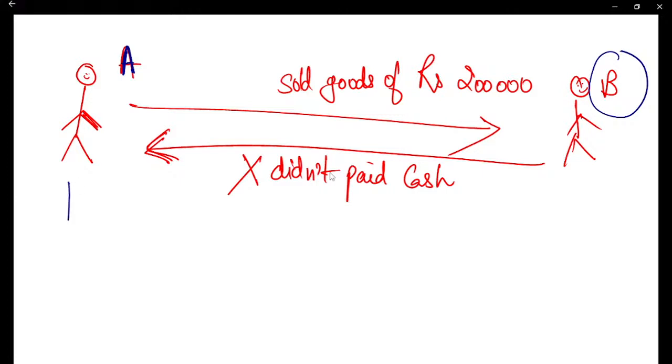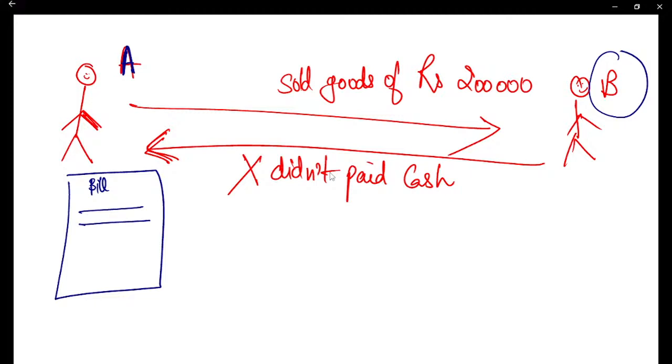So I will make an instrument in writing in which I will give order to B that you have to pay 2 lakh to me after 2 months, 6 months. तो मैंने ये बिल ड्रॉ किया, एक इंस्ट्रूमेंट ड्रॉ किया जिसमें मैंने सब कुछ लिख दिया. And I will write the date, I will sign it, I will stamp it.